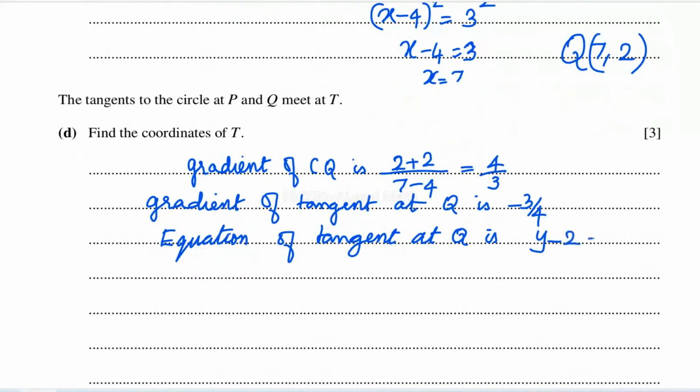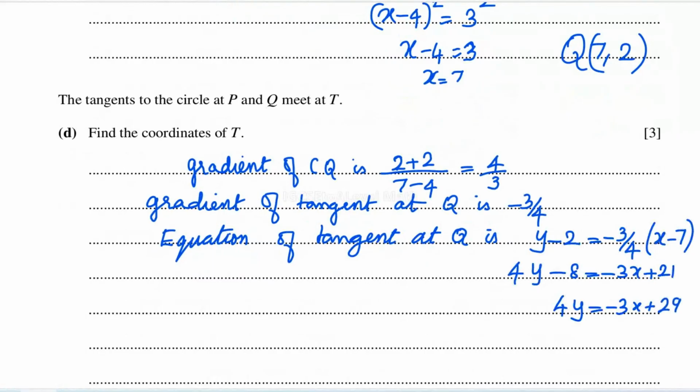The gradient is negative 3 over 4 and x minus 7. So 4y minus 8 equal to negative 3x plus 21. So 4y is equal to negative 3x plus 29.